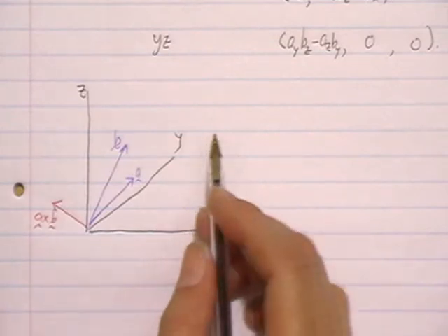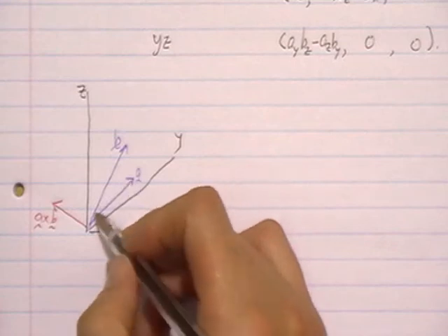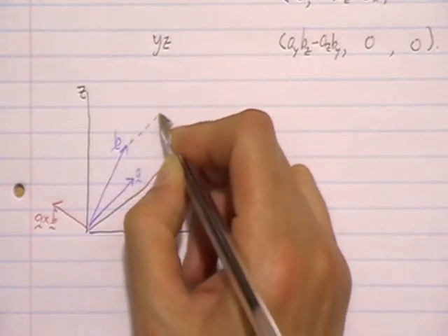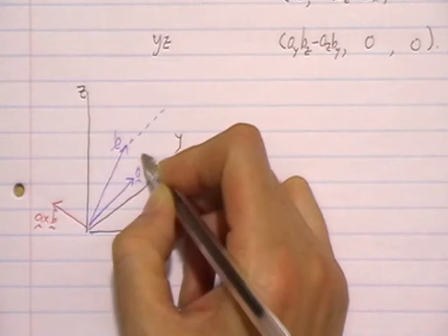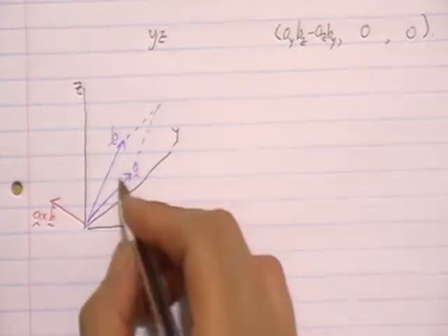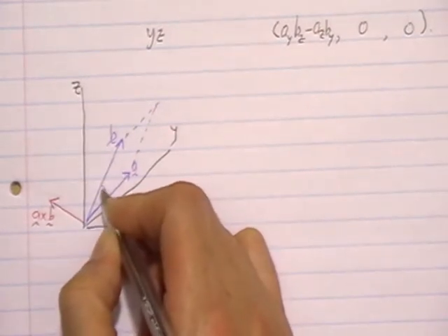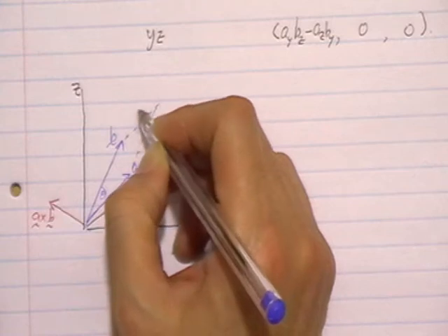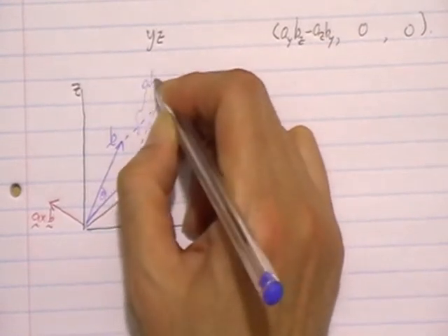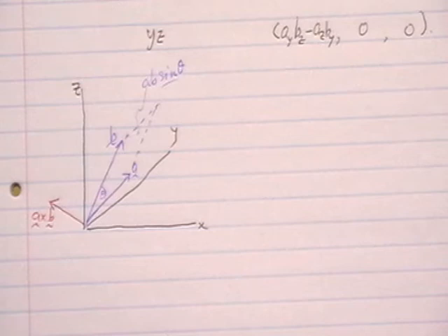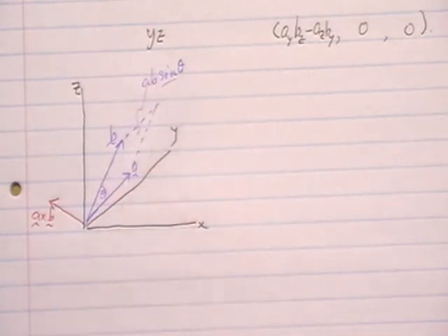It is still true from the definition that if we think of A and B as forming the sides of a parallelogram, and this angle is theta, then the area is still given by AB sine theta, because that's the general formula for a parallelogram with sides A and B and angle theta in between. So this geometrical property is still true.